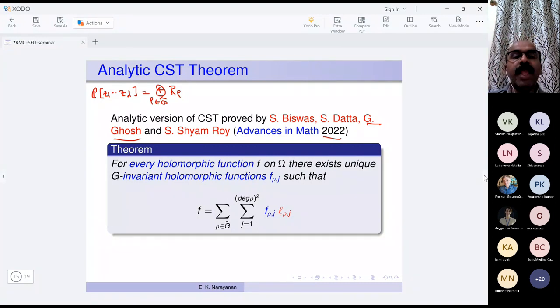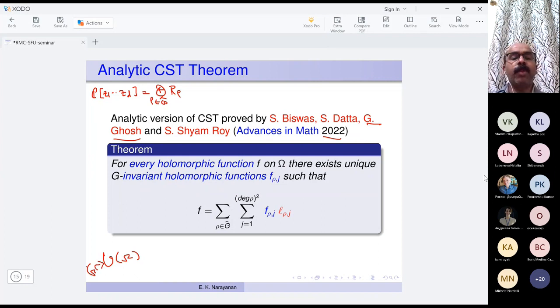Okay, so you look at holomorphic functions on omega, and look at the G action there. Just like polynomials, you can look at that, and then it will decompose according to the representation of G. But then what they have proved is that whatever you saw in the case of polynomials continues to hold for holomorphic functions as well.